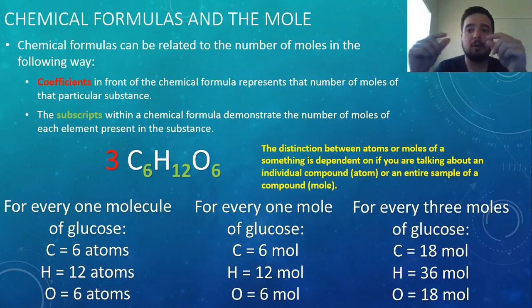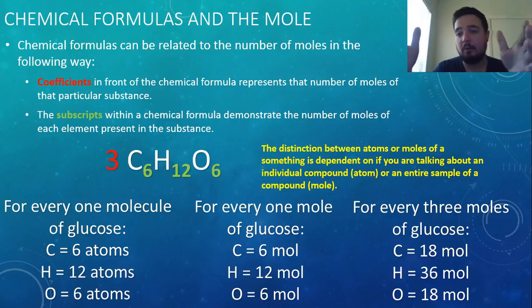It depends on exactly what you're looking at. If you're looking at an entire sample, you probably need to identify the number of moles, which you can convert to the number of atoms later on. But you can't say that there's only 6 atoms within a huge pile of sugar. That's not right. If you have 1 molecule of sugar, then yeah. But if you have a mole of sugar, then it's 6 moles of carbon.